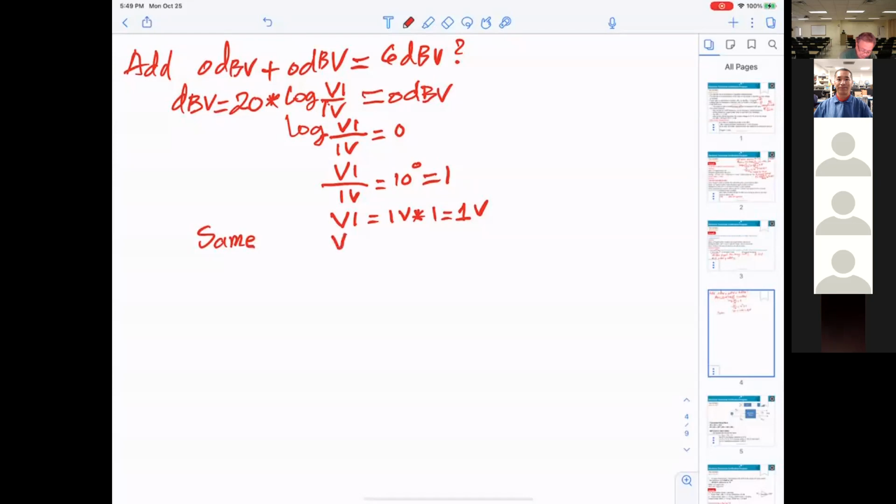You can get V2 equals 1 volt. And now you add it. V total is 1 volt plus 1 volt, equals 2 volt.